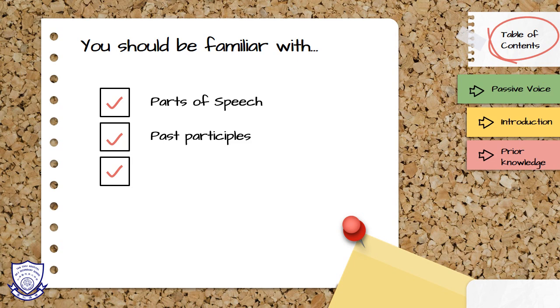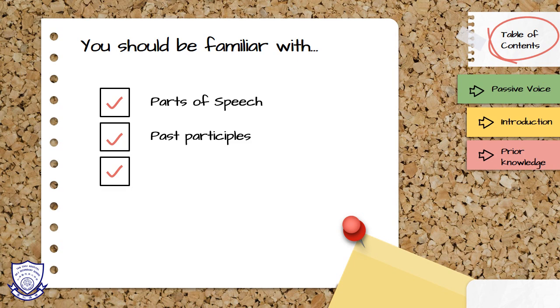Then you should also be familiar with past participles. Here, past participles refer to the verb forms you write when you write an English sentence in perfect tenses, such as present perfect tense and past perfect tense.